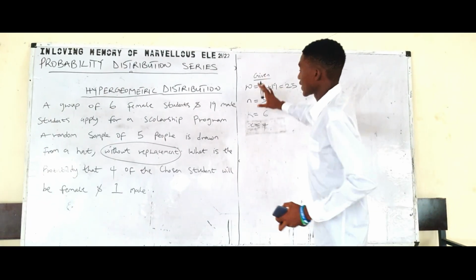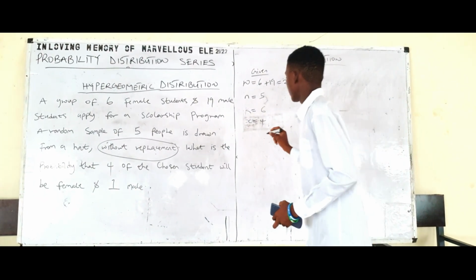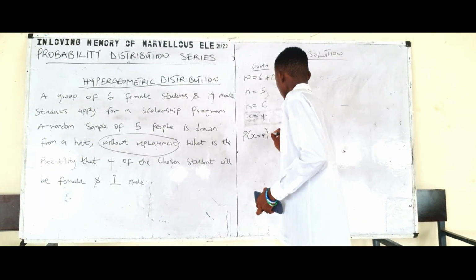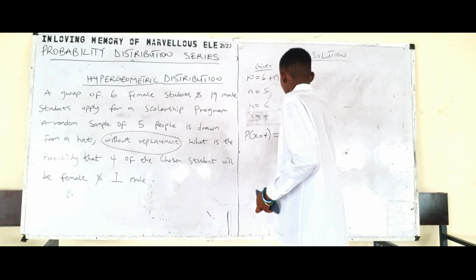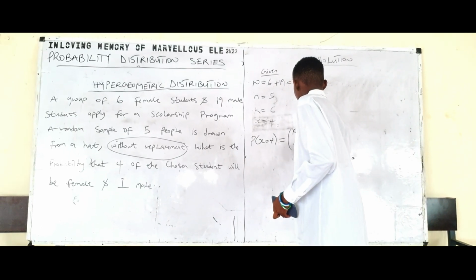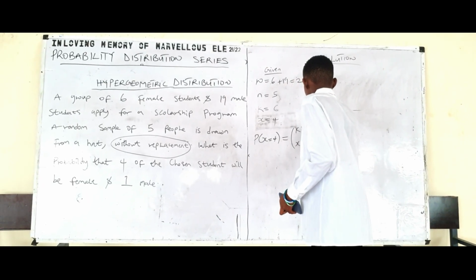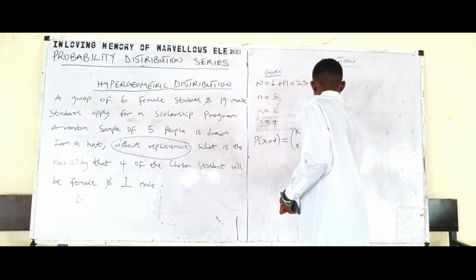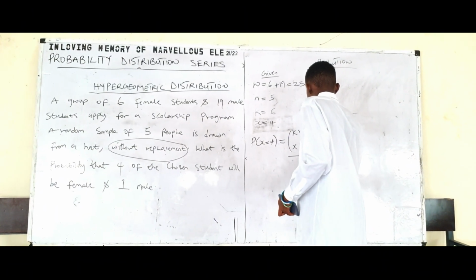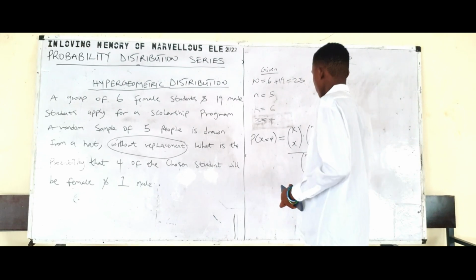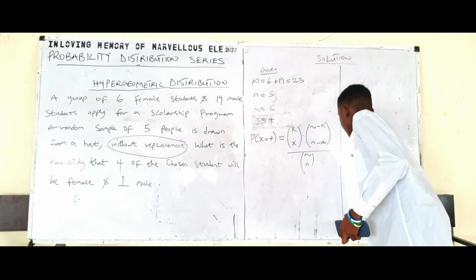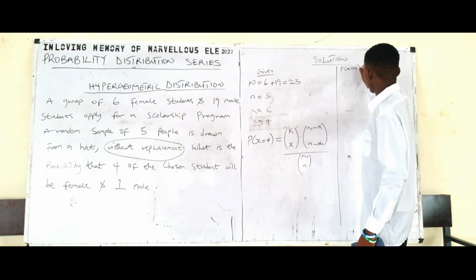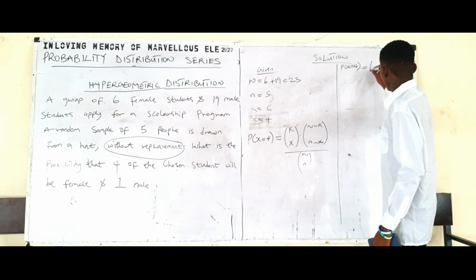Now we go to our parameters and see how we can solve this problem easily. P of X equals 4 equals combination K and X times combination N minus K and small n minus X, all over combination N and small n.